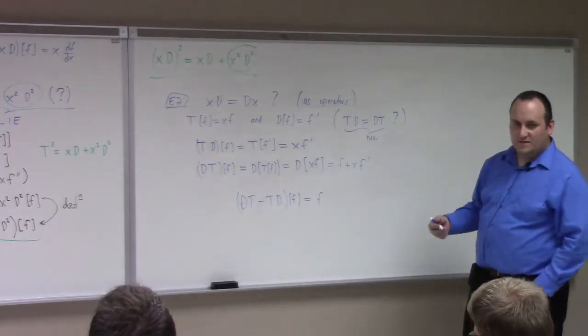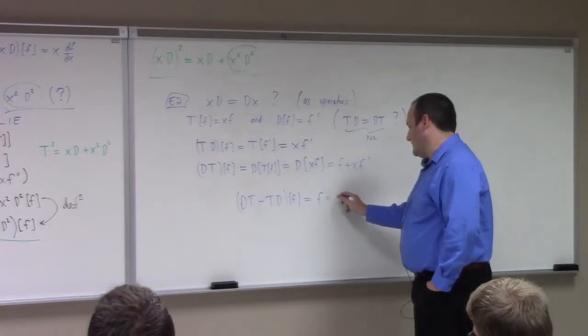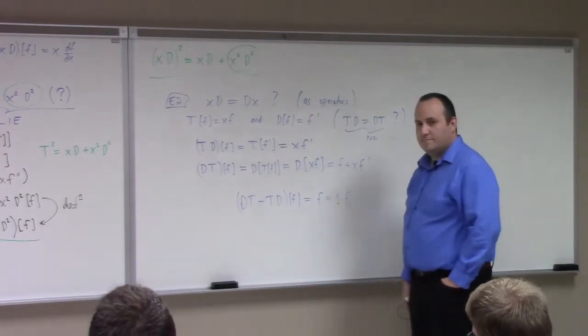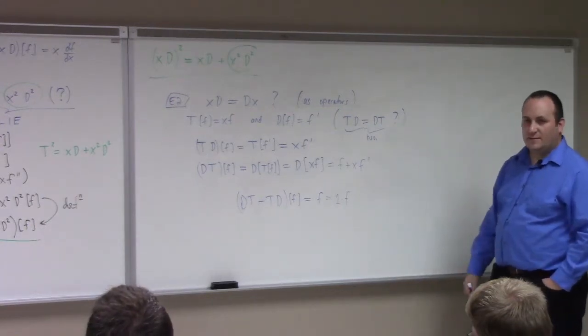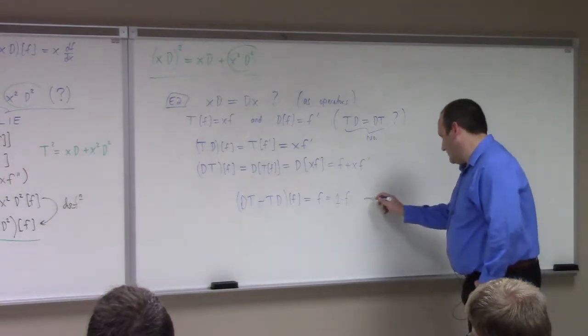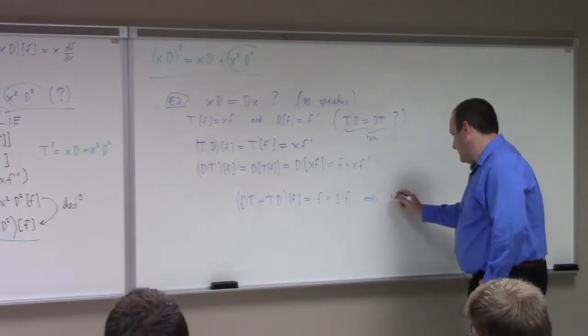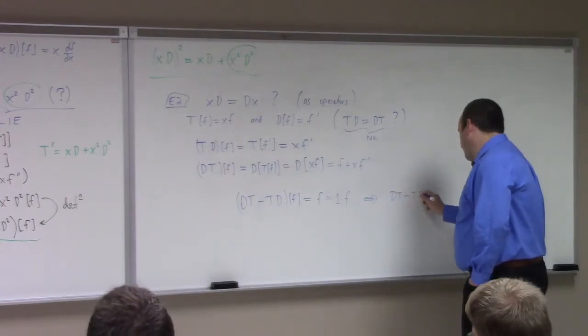Now the function which spits the function back out again, like this is 1 times f, right? So it's, take the function, multiply by 1, or the identity operator, if you like. So this tells me that dt minus td is equal to 1.